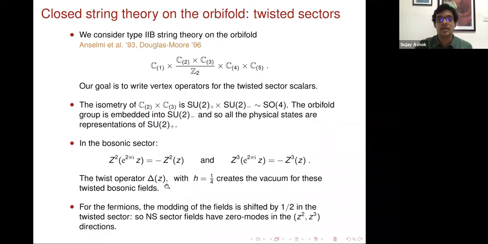Similarly, for the fermions, because of the presence of these extra signs, in the NS sector we will have non-trivial zero modes in the fermionic sector in these two directions. Psi 2 and Psi 3 will have zero modes, whereas in the Ramond sector, only complex directions 1, 4, and 5 will have zero modes.